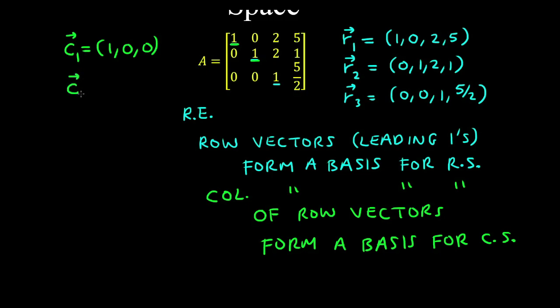So we have another column vector 0, 1, 0, and a leading 1 in this row. So we have the third column vector 2, 2, 1. So these 3 column vectors form a basis for the column space of A.